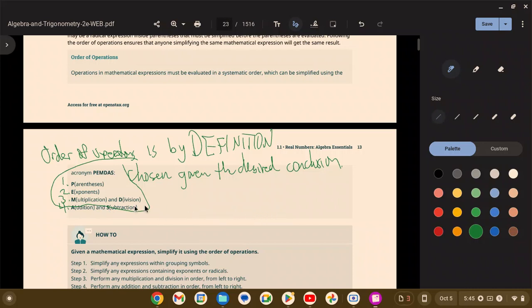Because all of these higher orders are built on a lower order operation.